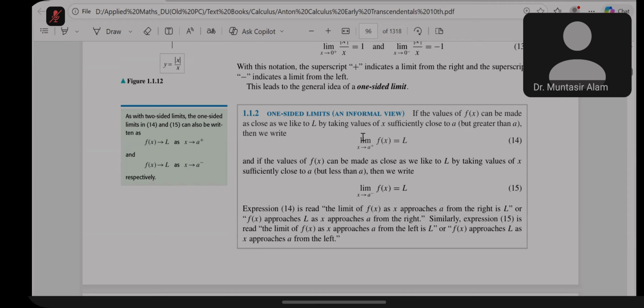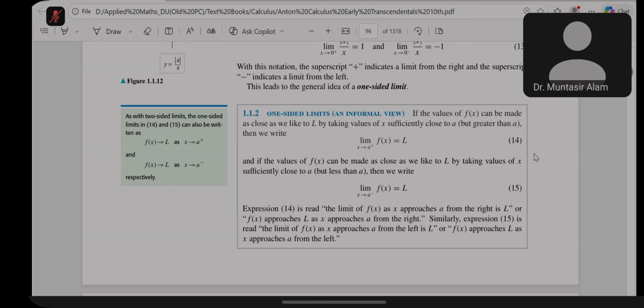Therefore, one-sided limits can be defined in the following manner given by equations 14 and 15. Equation 14 says the limiting value of the function f if we approach a from the right-hand side, and equation 15 says the limiting value of f of x equals L if we approach a from the left-hand side.